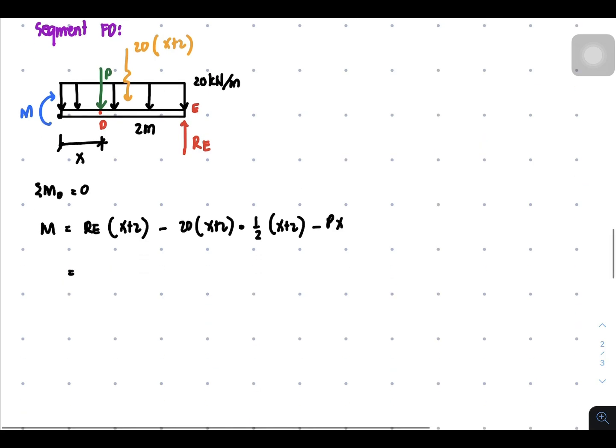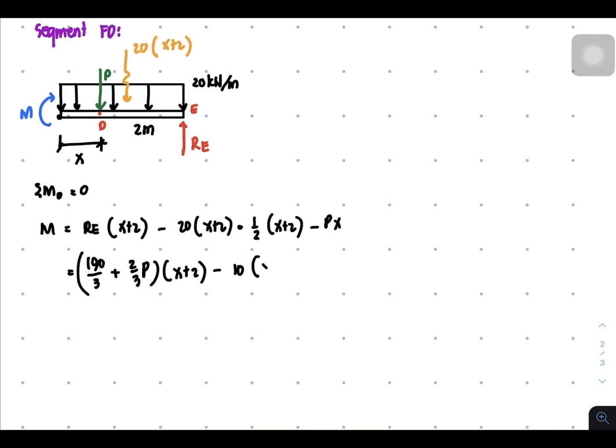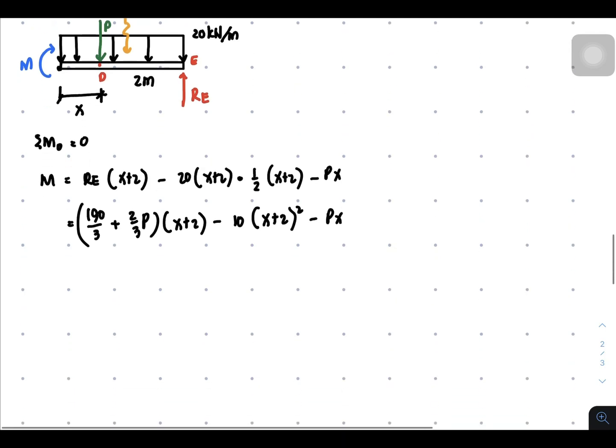And simplifying, substitute RE. This is 190 over 3 plus 2/3 of p, that's RE, times x plus 2 minus 10. Then this is x plus 2 squared minus px.